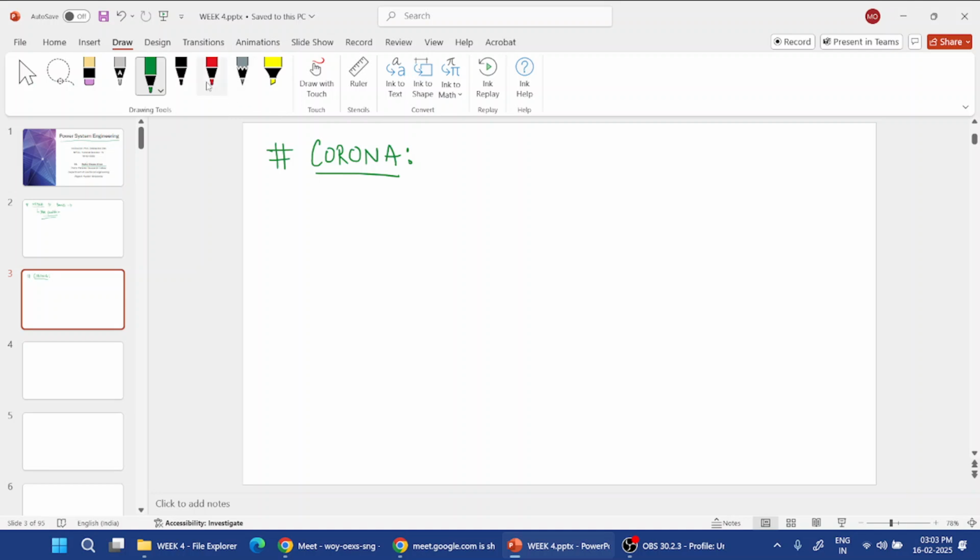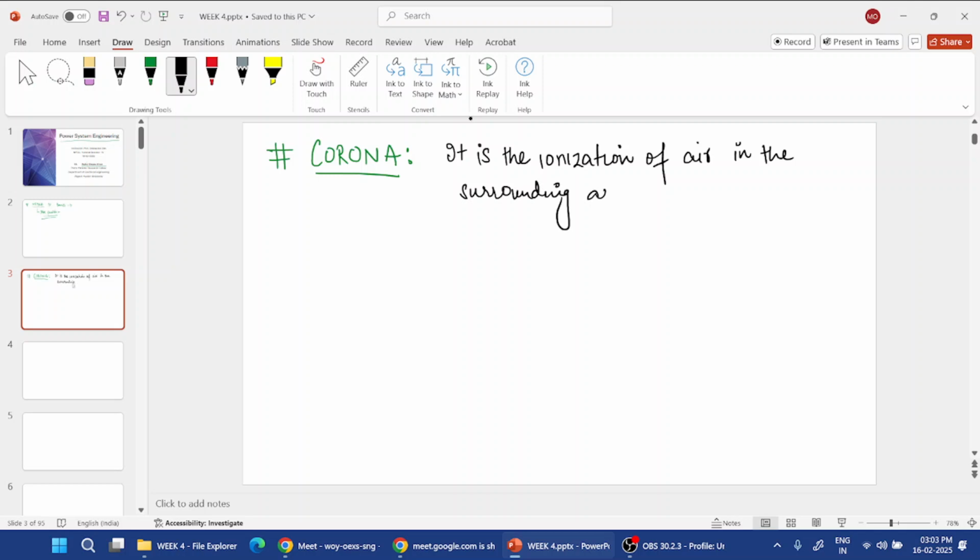It is the ionization of air in the surrounding areas of a conductor, mainly power.